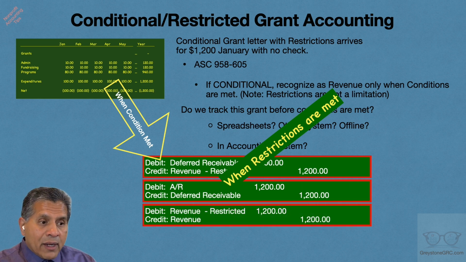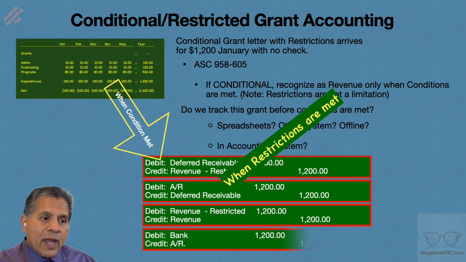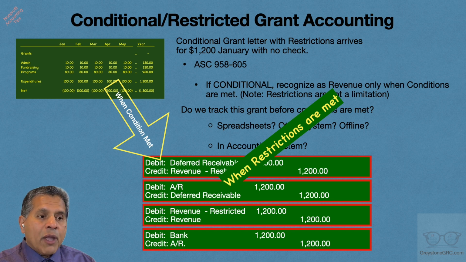When the restrictions are met, these two blocks of entries are made, and that is to debit accounts receivable for the total amount that's due, the 1,200 in this case, and to clear the deferred receivable of that 1,200. At the same time, we need to clear the revenue restricted out to revenue. And when you do those two entries, your accounting is pretty much on track, and you only need to process one more transaction when the payment is received, recognizing the payment received by debiting bank and crediting accounts receivable.